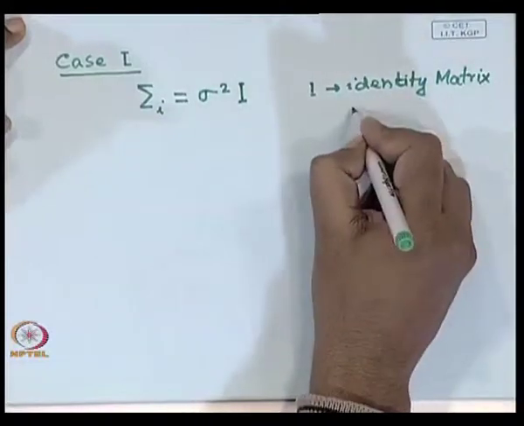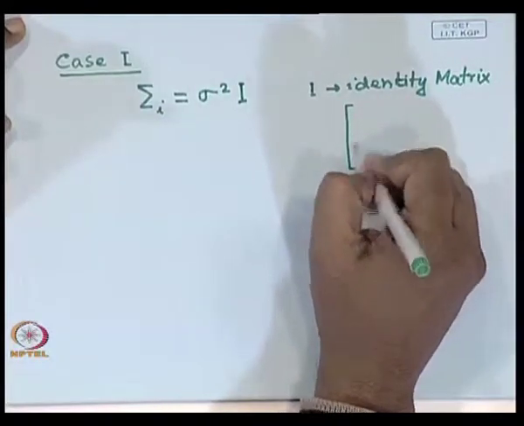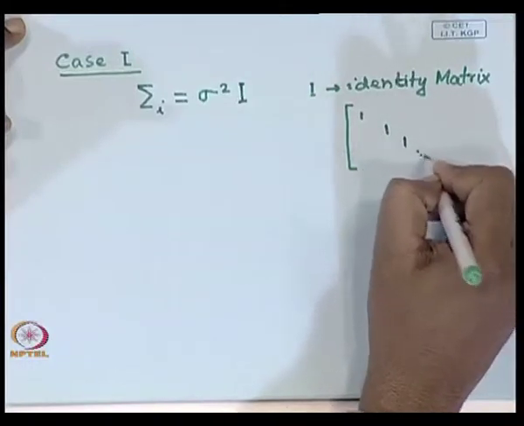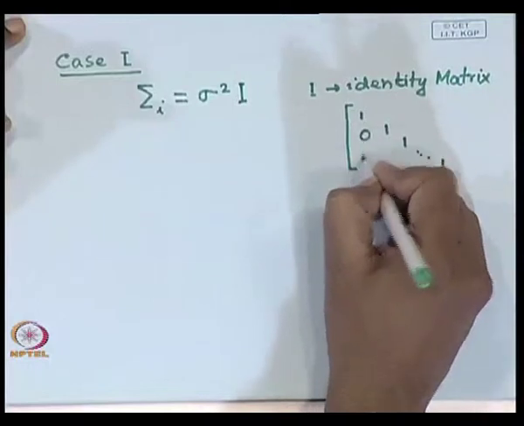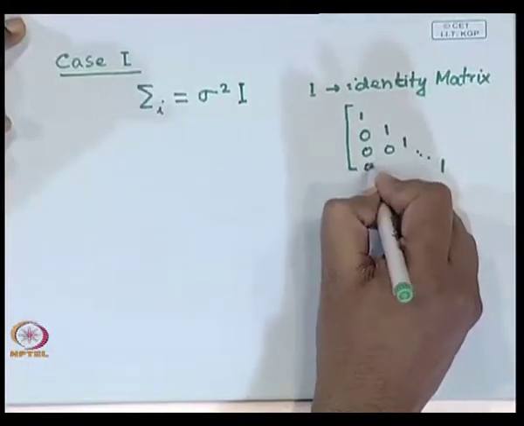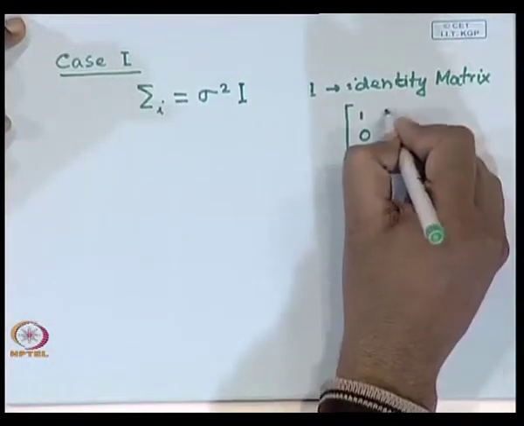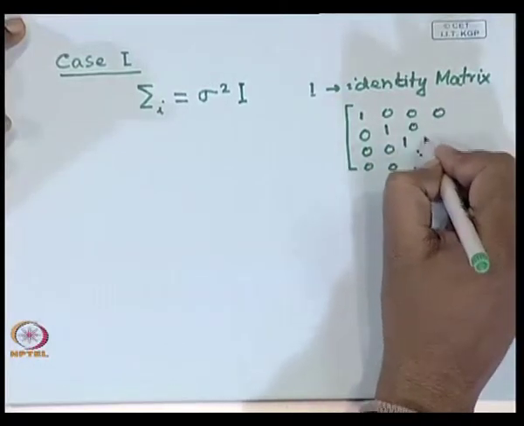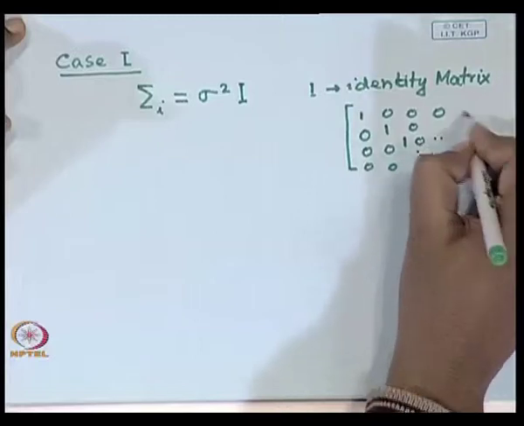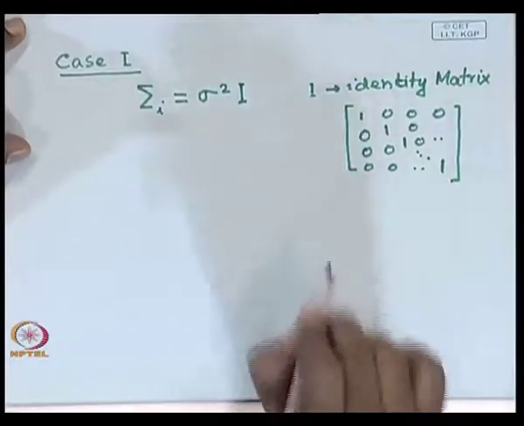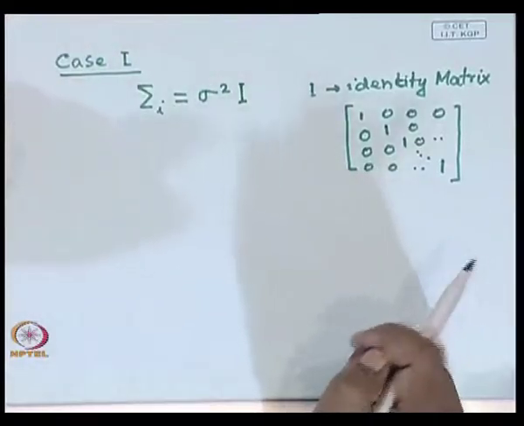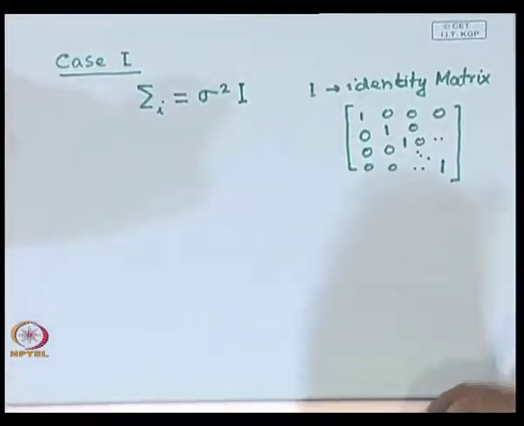That is, it is a diagonal matrix where only the diagonal elements are ones and the rest of the elements are zeros, and so on.